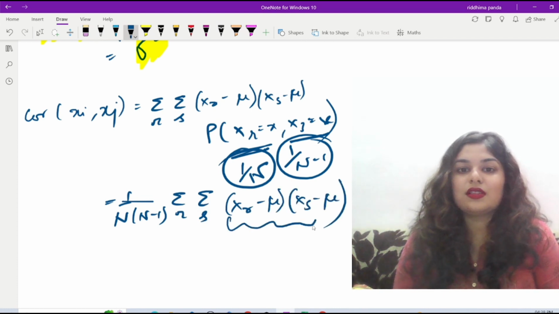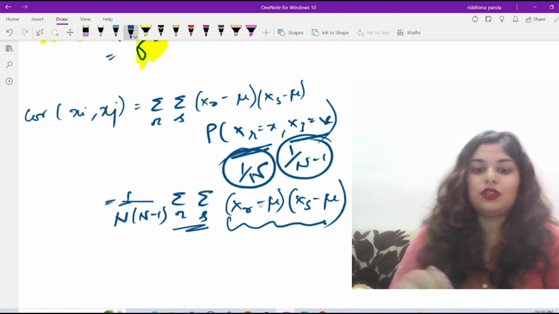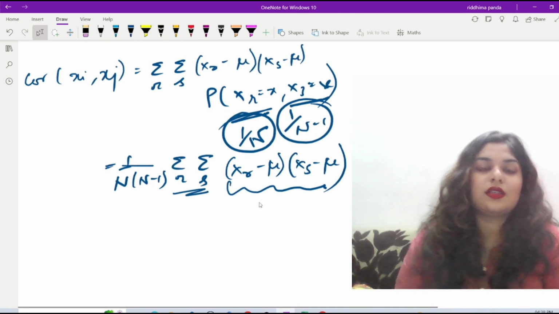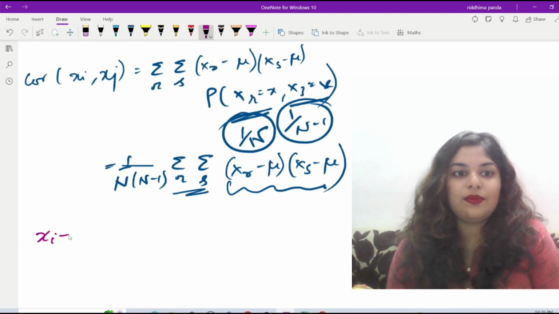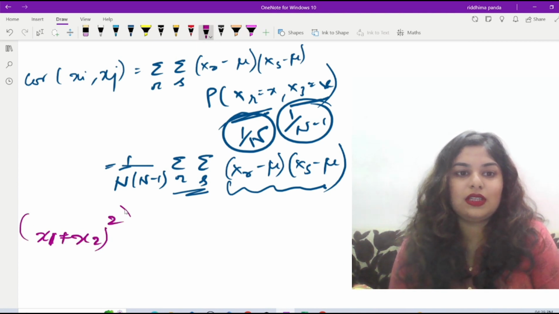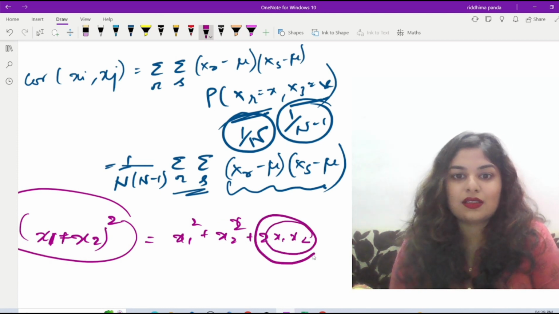Now this is a summation of multiplication terms. Let us go to the basics of maths. The formula: x1 plus x2 whole square. If we take the whole square, what do we get? We get x1 square plus x2 square plus 2 x1 into x2. So this product term is our covariance.